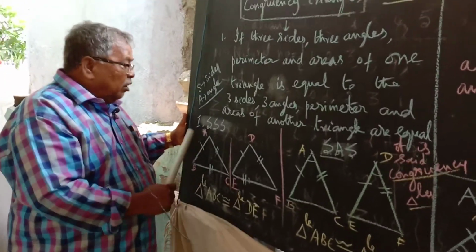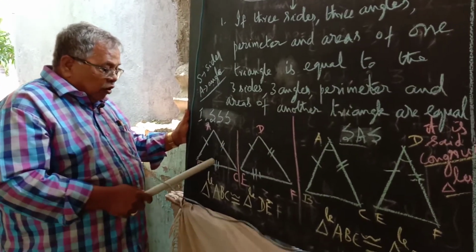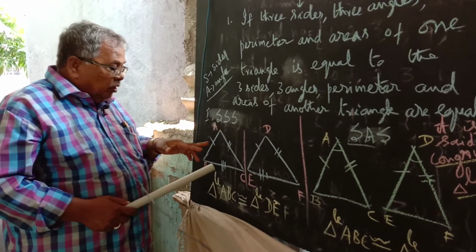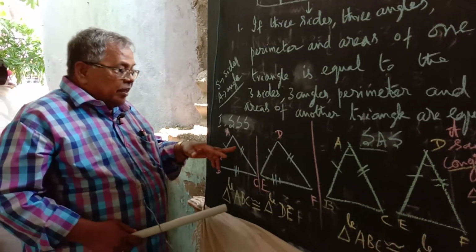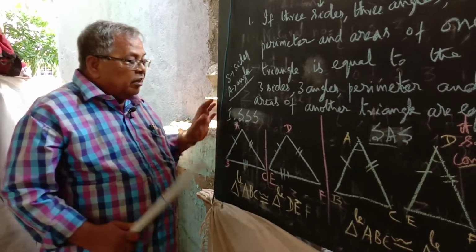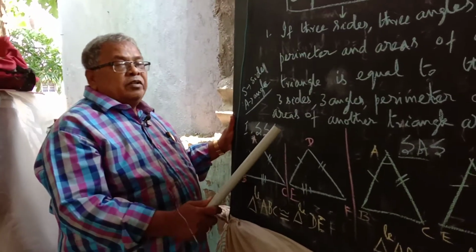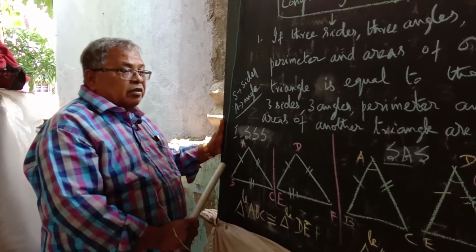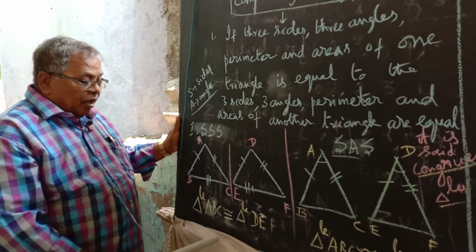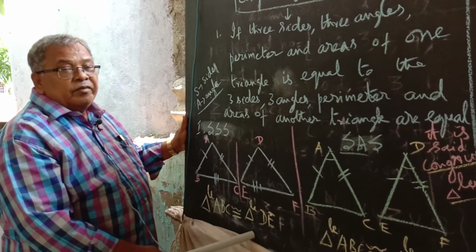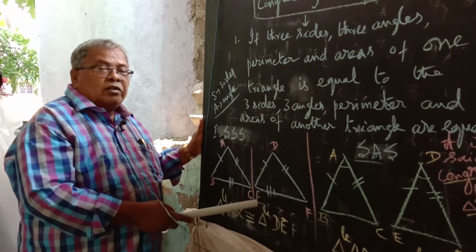If three sides of one triangle, marked with these dotted lines, are equal to the three sides of another triangle, this side equal to this side, and with two stripes this side equal to this side, and this side equal to this side, then automatically we can say triangle ABC and triangle DEF are congruent. This is the minimum condition.